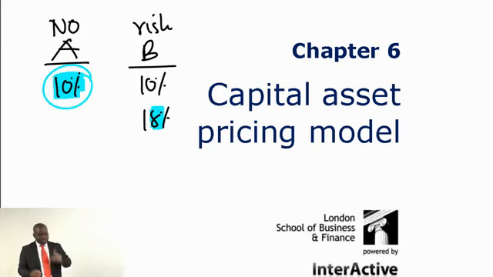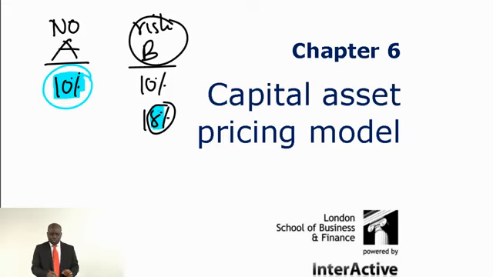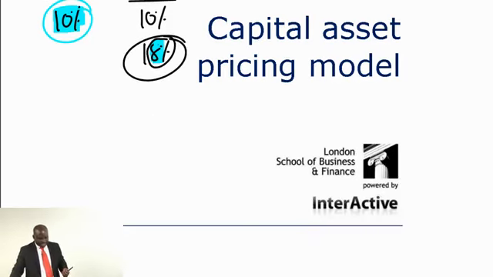So if there's a risk attached to that particular investment, you will want to get a risk premium of what? 8%. So your cost of capital for this investment will be the 10 plus the 8%, which equals to what? 18%.